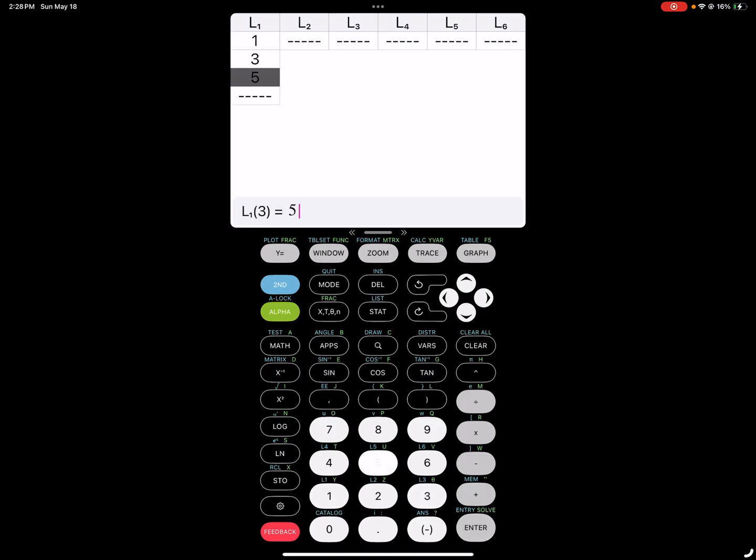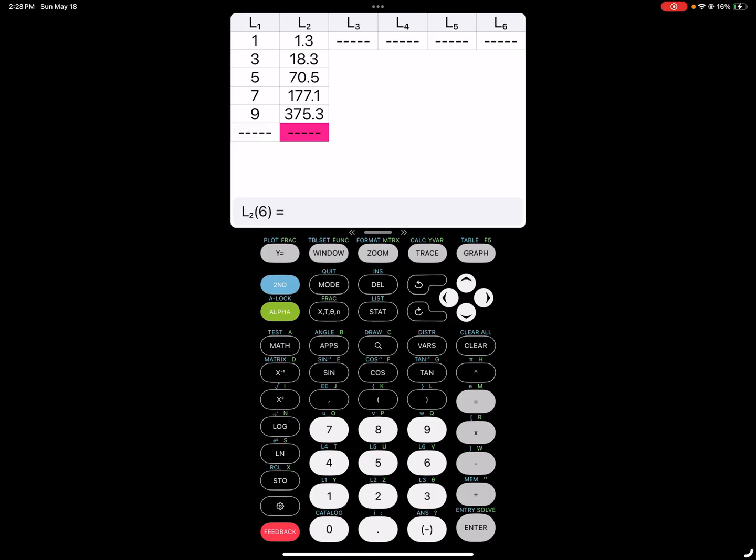At 3, it's 18.3. At 5, it's 70.5. At 7, it's 177.1. And at 9, it's 375.3. And which one works the best?